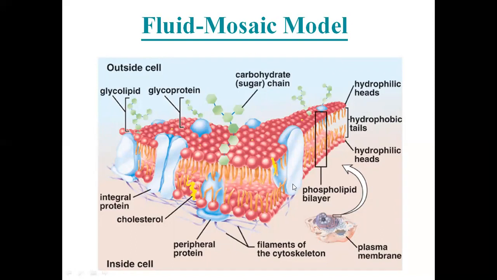The major composition of this fluid mosaic model is glycolipids, glycoproteins, the carbohydrate chain, the phospholipid bilayer, peripheral proteins, cholesterol, and integral proteins.